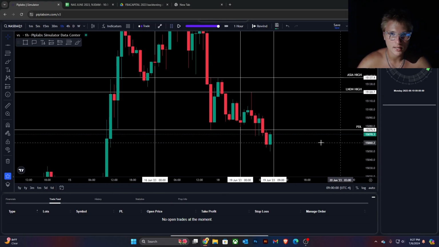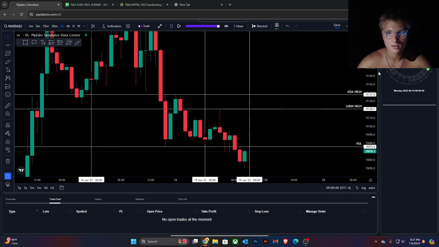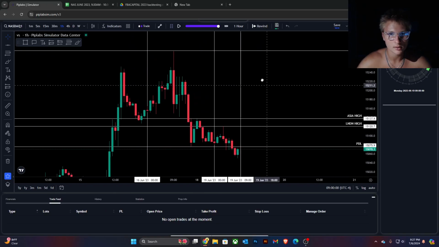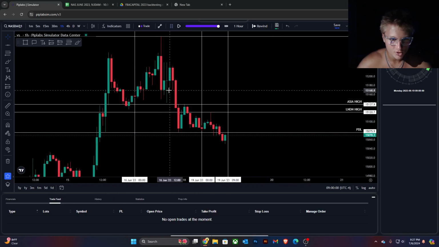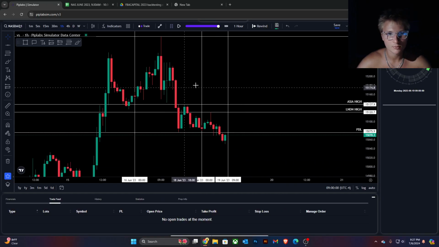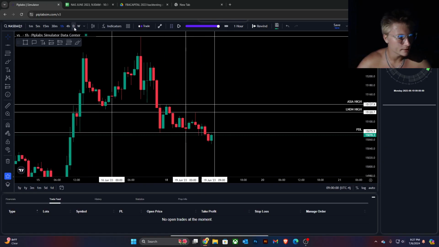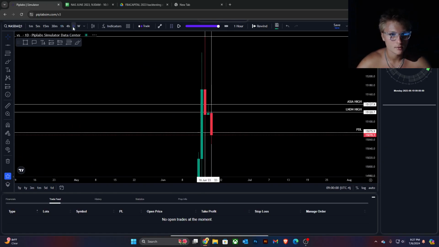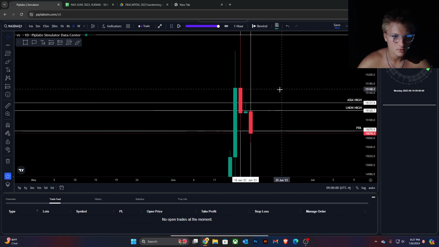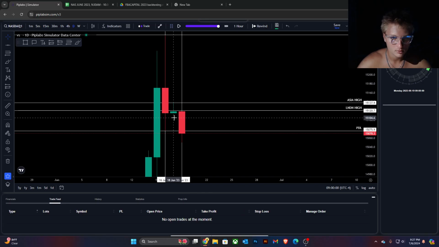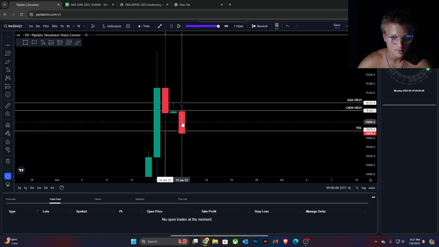I'm predicting now that our bias is bearish before even looking at the daily time frame because of yesterday's movement. Pretty bearish day. Let's see if the daily candle closed bearish. And it didn't exactly, but the one before it did.